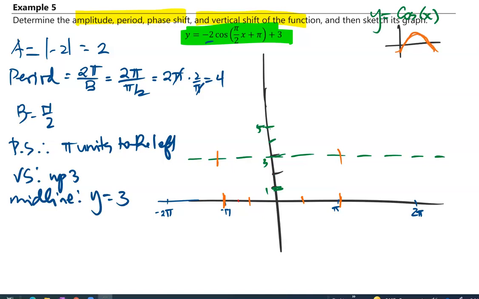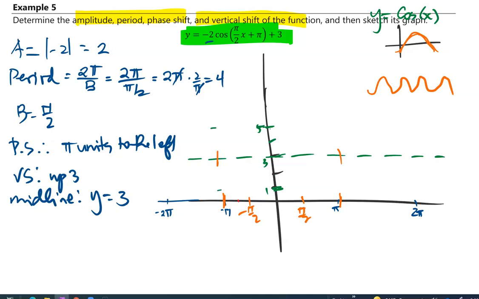And since the period is 4 and b is pi over 2, you expect 4 like this, 1, 2, 3, 4. Since your phase shift is pi units to the left, from negative pi to pi you should have 4 of this. And pi over b is pi over 2, so negative pi over 2, this is pi over 2.